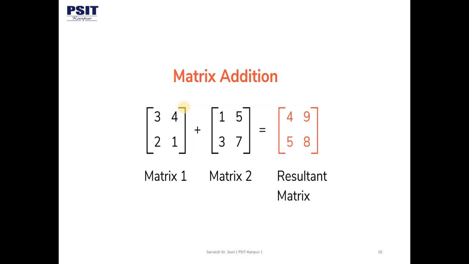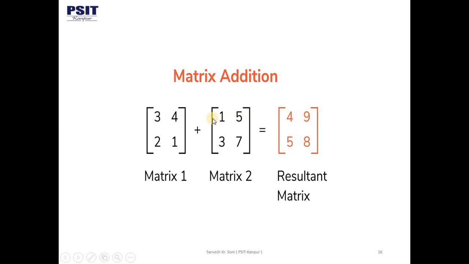The first problem that is generally asked in question papers is matrix addition. We know the mathematical process of matrix addition very well. This is matrix 1 of order 2 cross 2, and similarly matrix 2 is also of order 2 cross 2, and we want to add these two matrices. The basic idea of matrix addition is that corresponding values are added and stored in a new matrix, that is a resultant matrix.